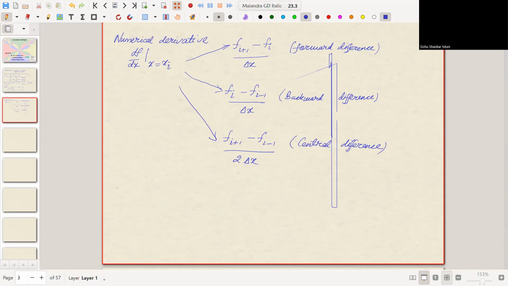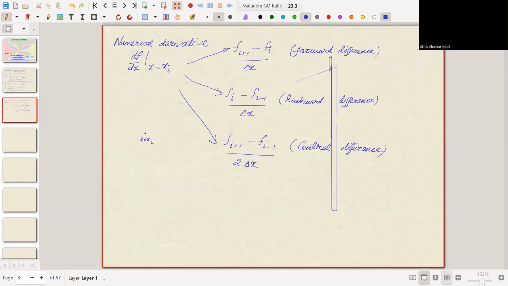You can have f_{i+1} minus f_{i-1}, divided by 2 delta x. If you're trying to evaluate the derivative at x equals x_i, what information do we need? We need the information of the previous point, i minus 1, and we need the information of the further point, i plus 1.